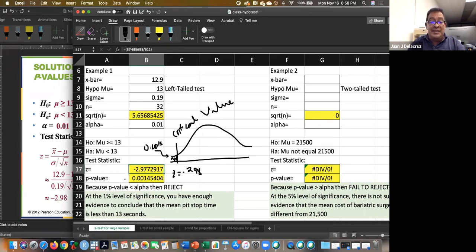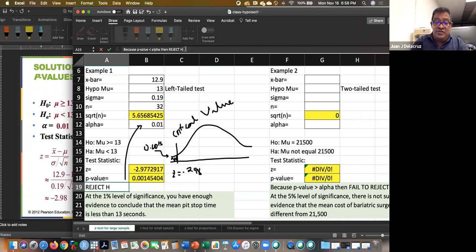If I compare this value with this alpha, of course, alpha is greater than the p-value, or the p-value is less than alpha. Remember, that is the way we can rule in favor of rejecting H naught. So here, what I'm going to say is the following: because the p-value is less than alpha, then we reject H naught. Remember, H naught is the one that we are targeting.